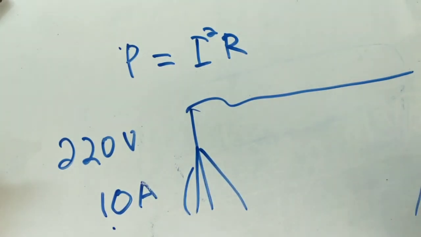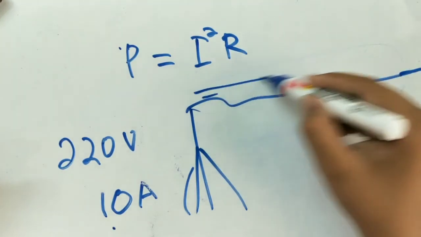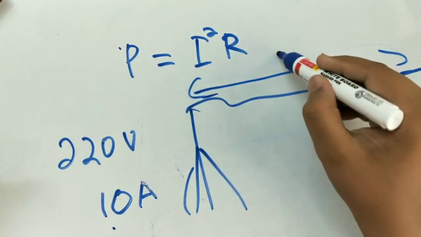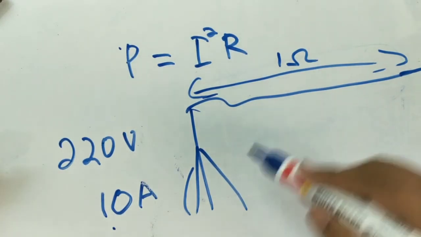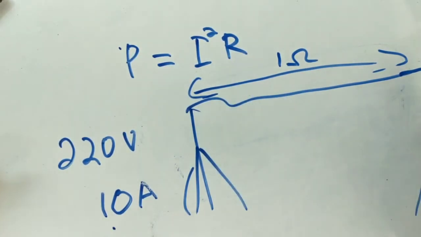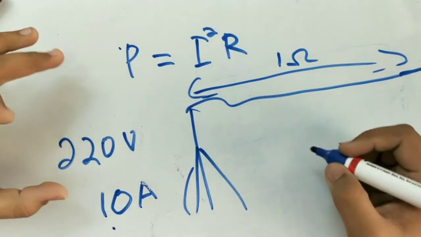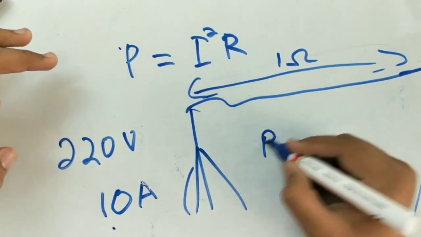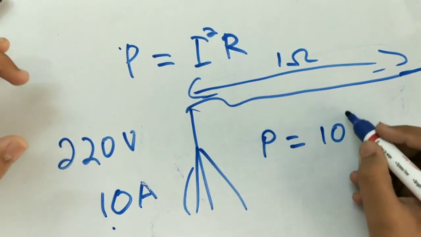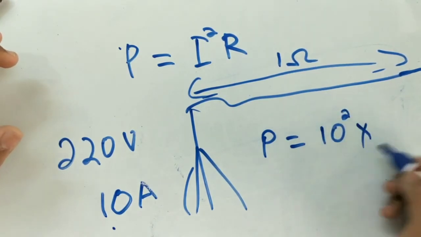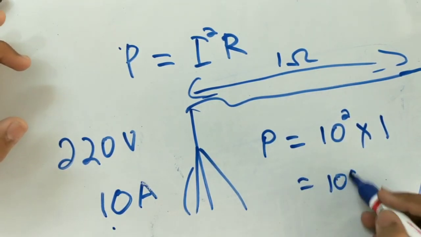This is the post in which the current goes, and for 1 meter let's take a resistance of 1 ohm. Then the power lost in just transmitting this line is P equal to 10 raised to 2 into 1, so it would be 100 watt.